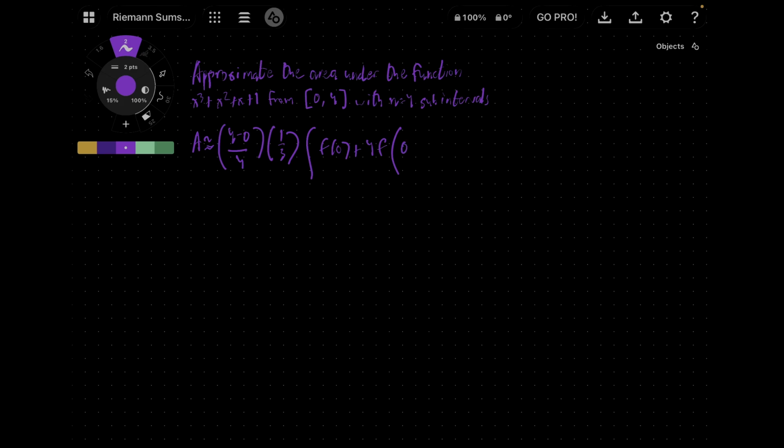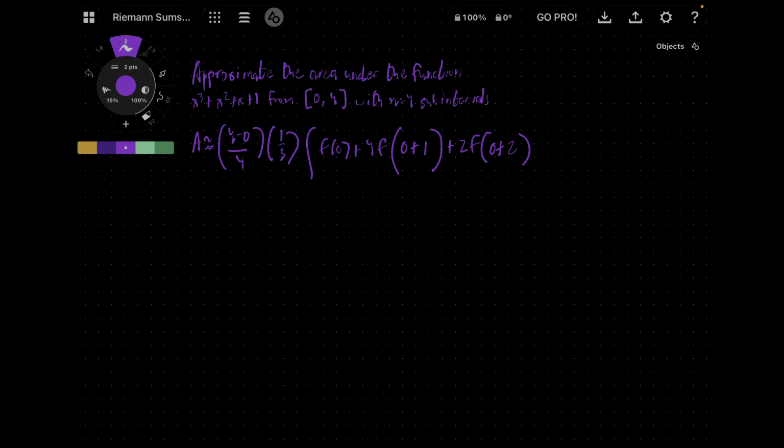So f of a, which is 0, plus 4 times f of 1 over here. The next one will be plus 2 multiplied by f of 0 plus 2 multiplied by the step size.